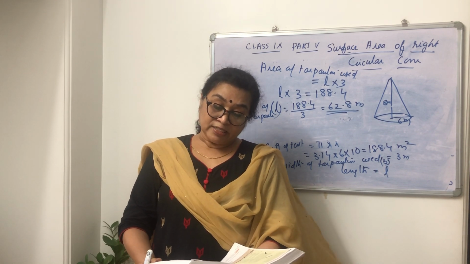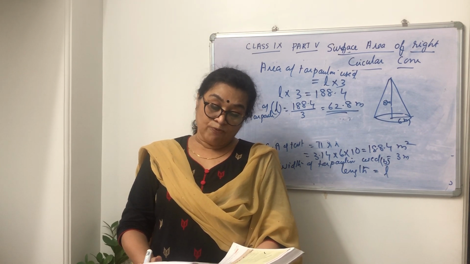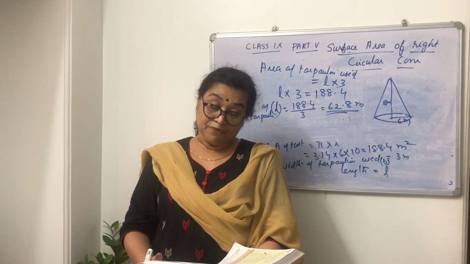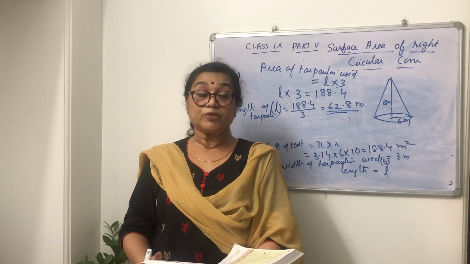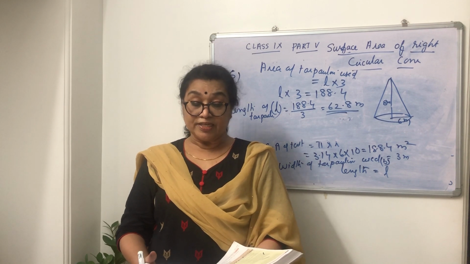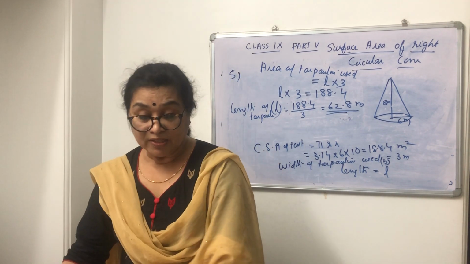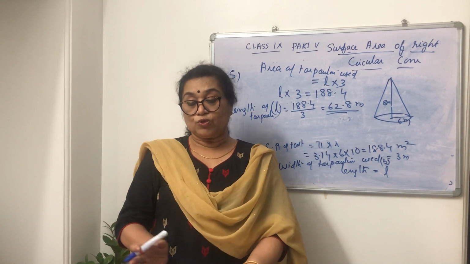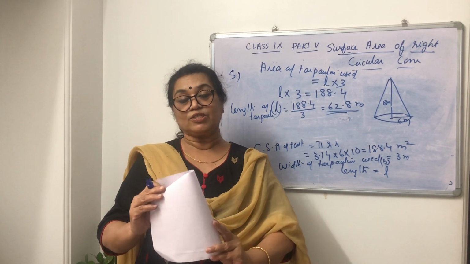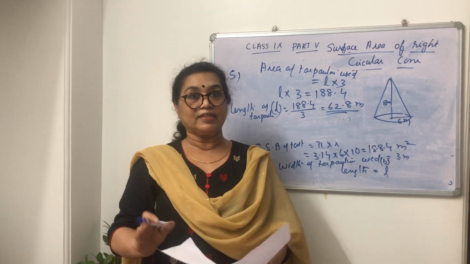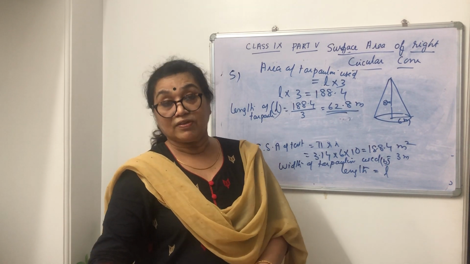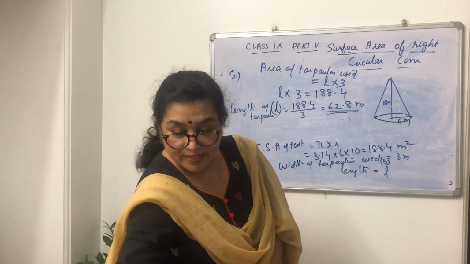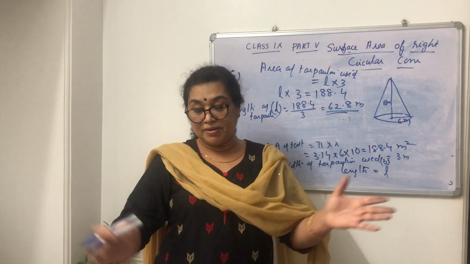Now it is given in the question, assume that extra length of material that will be required for stitching margins and wastage in cutting is approximately 20 centimeter. That means when you make this cone, a little is cut here and there, and whatever material is cut and wasted, wastage is 20 centimeter length.